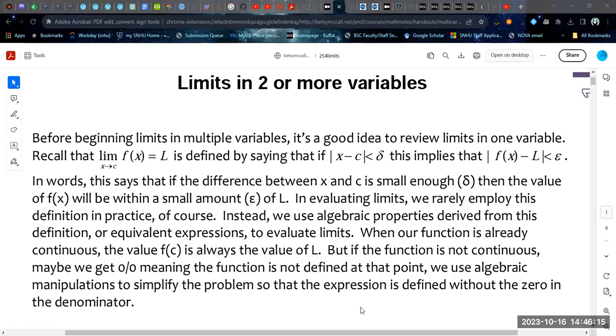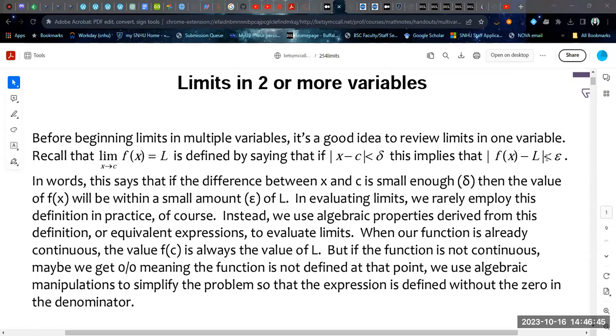So recall that essentially if the limit of a function is equal to L, that means that as x gets closer to this value that we're targeting, closer as in sufficiently small, that implies that the difference between the function value and the limit value is also very small, and usually in a predictable way.